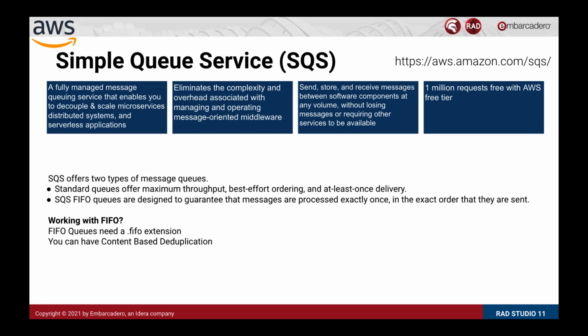Most of the time, I use standard queues. I think most people use standard queues. FIFO queues are really important for when it is critical that your application does things in the correct order and likely cannot deal with multiple deliveries.